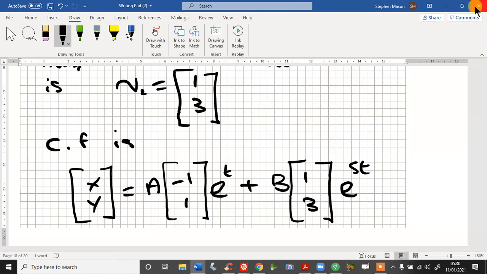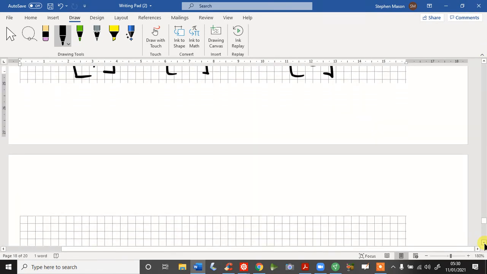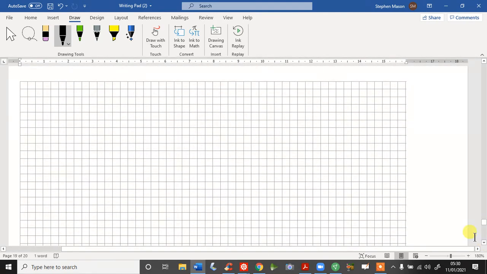Now, we're not finished because we now need to consider the rest of the matrix that we wrote down. I'll just write it down again here, just for your benefit.